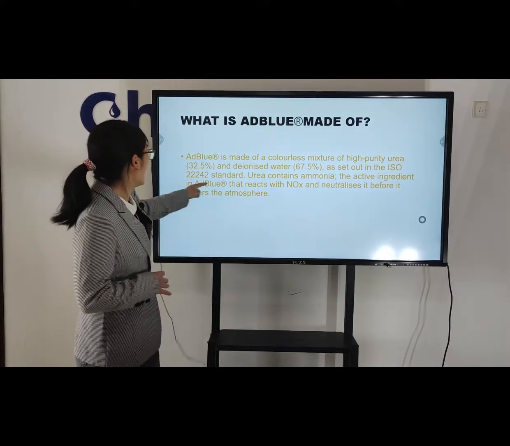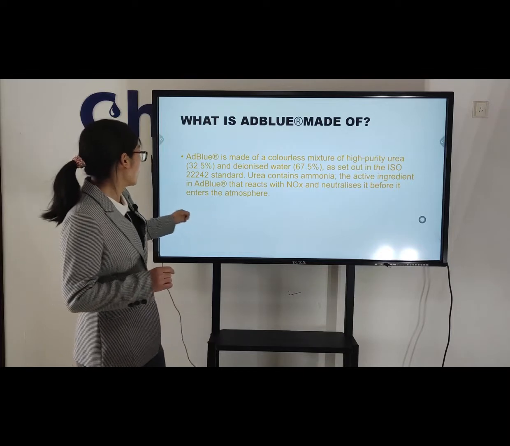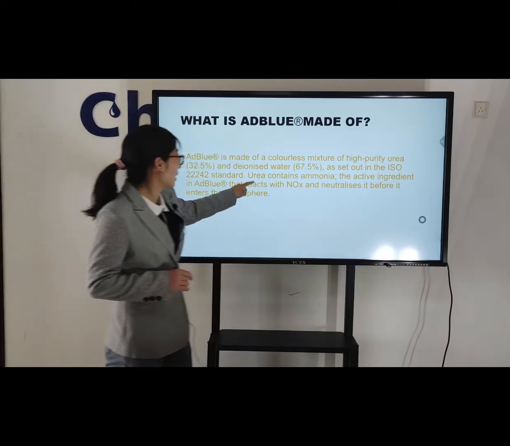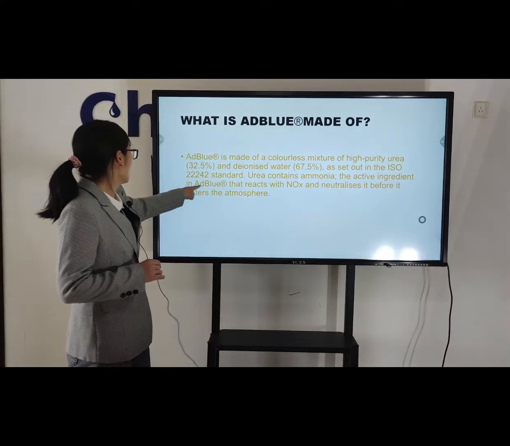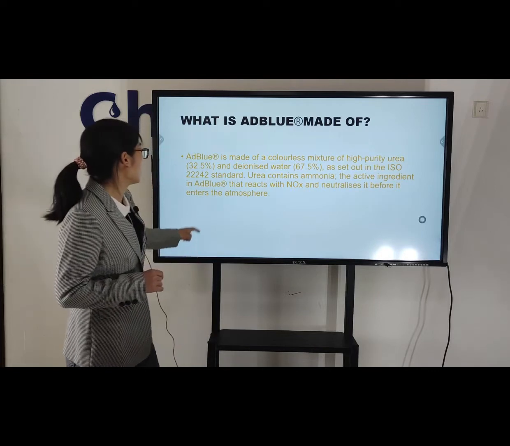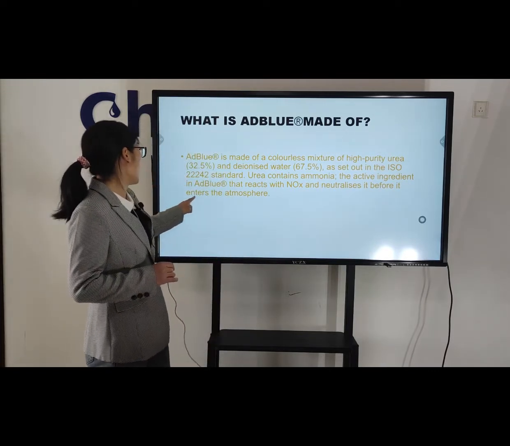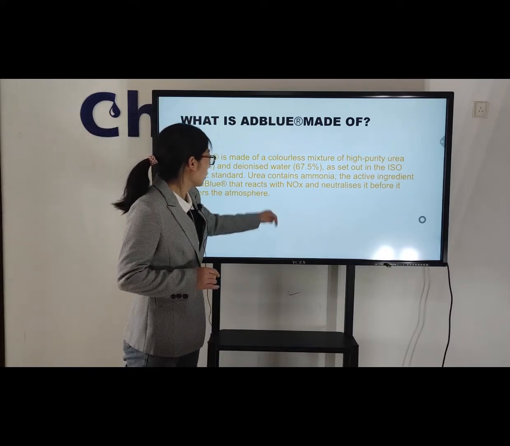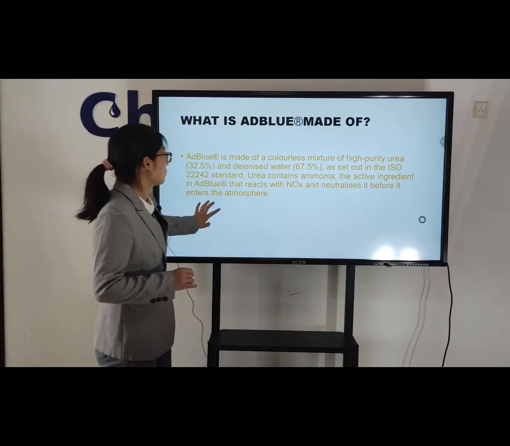It's made of 32.5% high purity urea, and the other part is deionized water, as set out in the ISO standards. And urea contains ammonia, the active ingredient in AdBlue that reacts with nitrogen dioxide and neutralizes it before it enters the atmosphere.